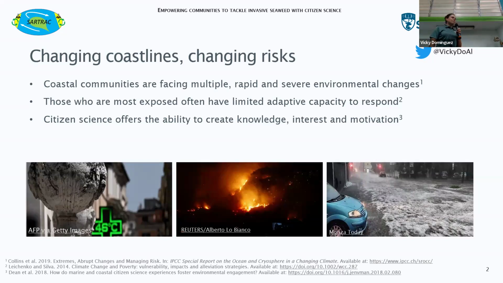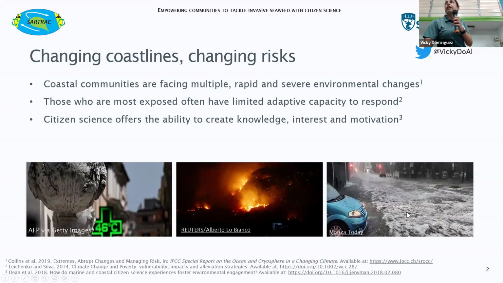So just to open this talk a bit broadly, we are seeing nowadays a lot of changes going on in our environment. What you see on the screen now is, on the left, Rome last summer, showing those 46 degrees Celsius. In the middle, we have Sicily, also Italy, also last summer, showing those wildfires going on.